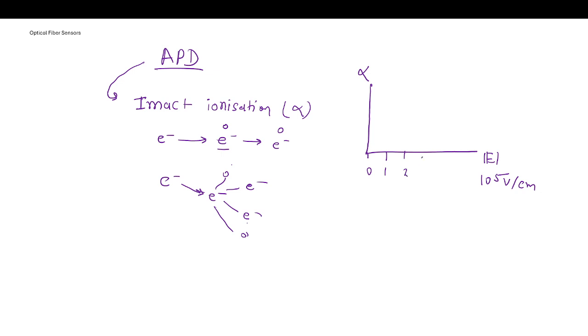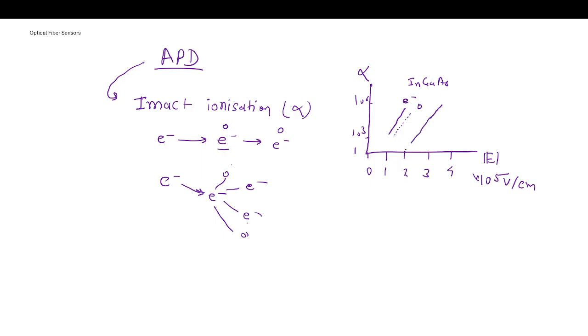I'm keeping the values at 0, 1, 2, 3, 4, multiplied by 10 to the power 5. This side is 1, 10 to the power 3, 10 to the power 6. For indium gallium arsenide it will have this kind of curve, for electron, and this is for hole. While for silicon it will be like this.